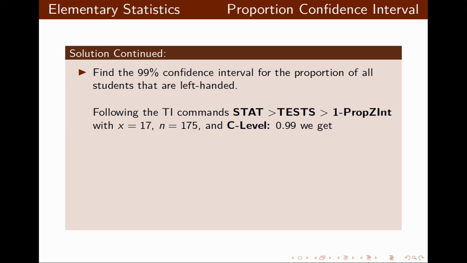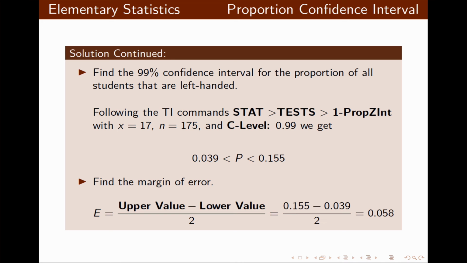Enter the values, and the final answer would be 0.039 to 0.155. So that's the confidence interval at 99% confidence level for the proportion of all the students that are left-handed.